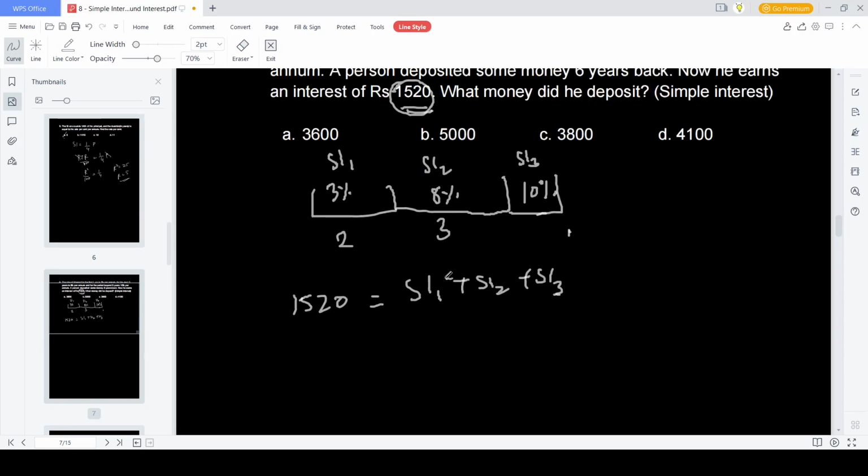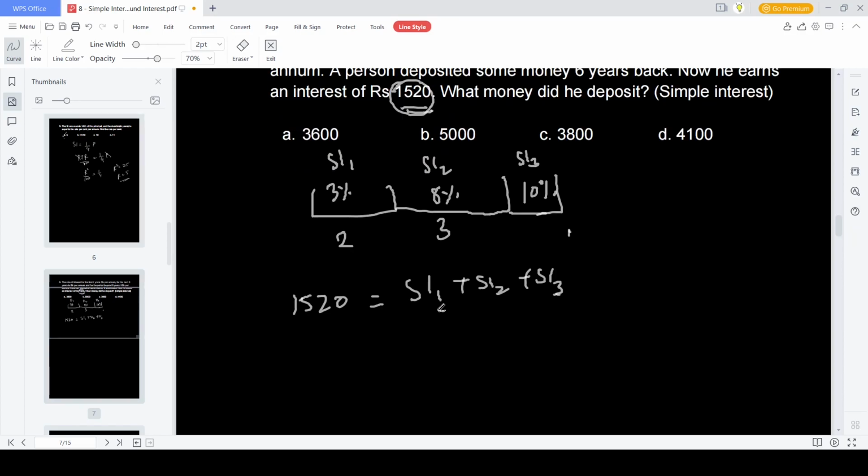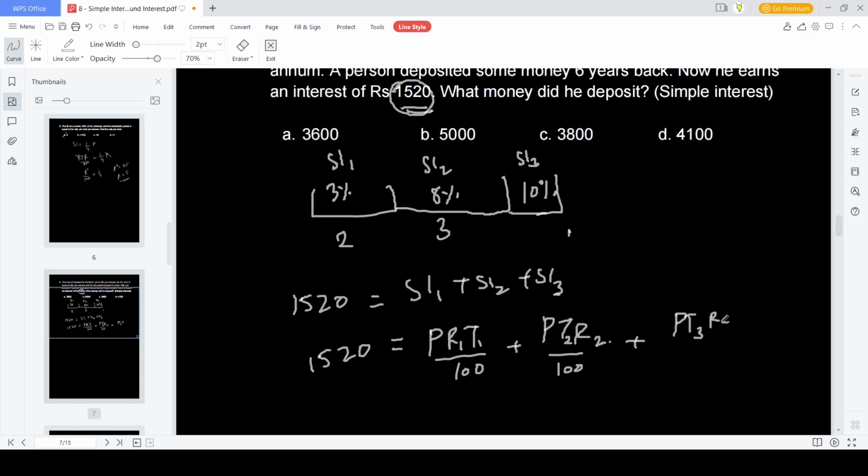How much did he deposit is what we have to find. So 1520 is equal to PTR by 100 plus PTR by 100 plus PT3 R3 by 100, with time 1, time 2, rate 1, rate 2.